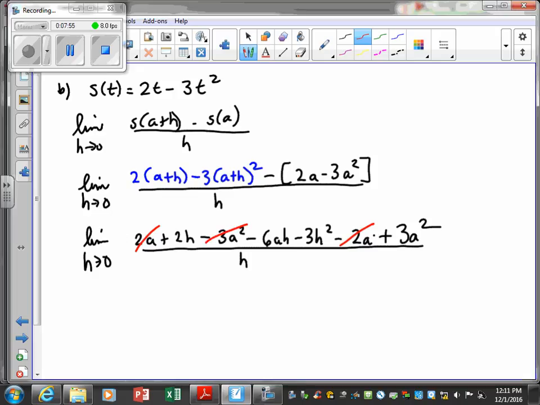A 3a squared. And then we look at our remaining terms. This has an h in it, this has an h in it, this has an h in it, and this has an h. So you can factor out an h and then simplify those. So let's go ahead and factor out.